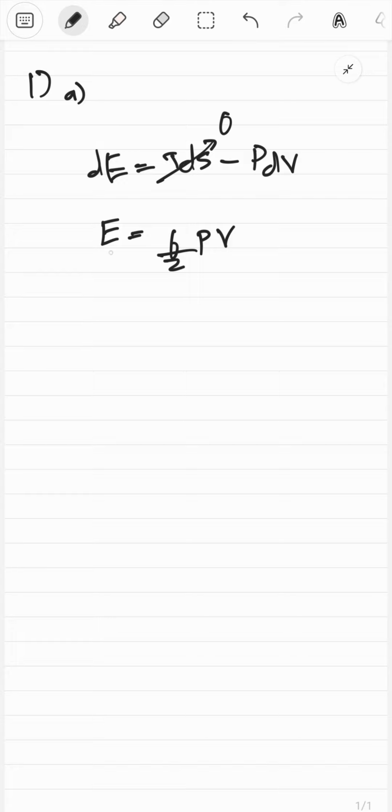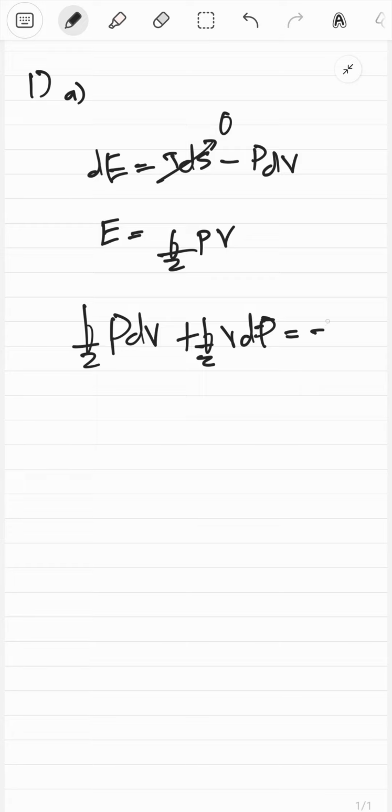So now that you have E equal to F by 2 PV, what we want to do is just put that over there. So you just wait a second. Alright, so what was I doing? Right, so now just put dE over there, so essentially we get F by 2 PdV plus F by 2 VdP, that's equal to minus PdV.